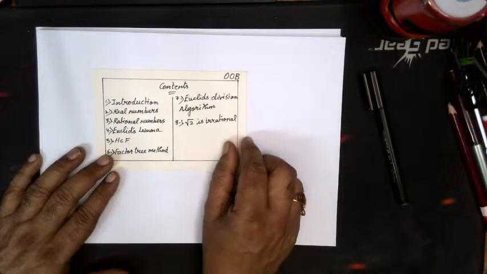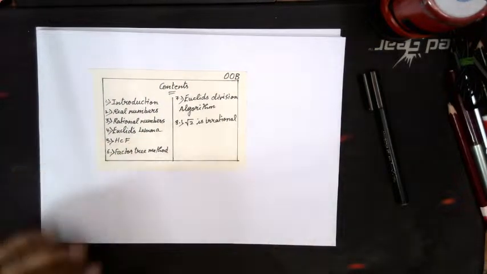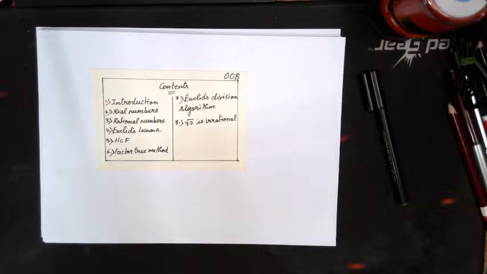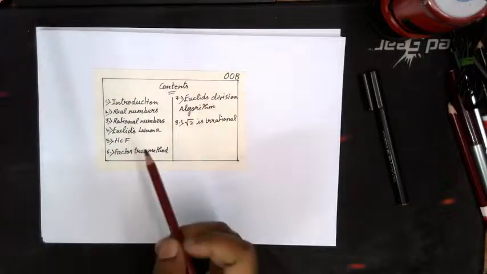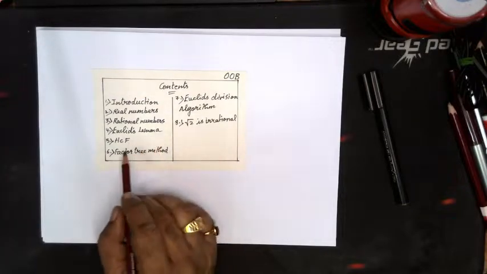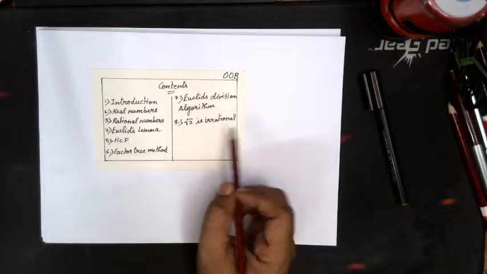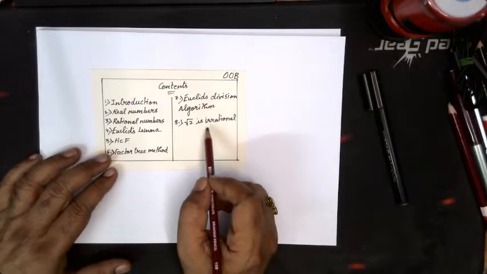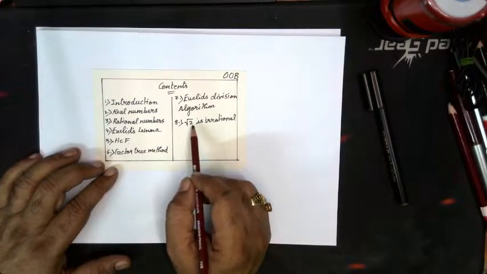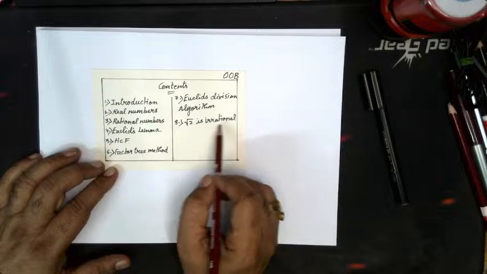So this is topic 3. As I already mentioned, we will discuss the real numbers, rational numbers, Euclid's lemma, HCF, factor tree method, Euclid's division algorithm. Then we will prove whether root 2 is irrational.